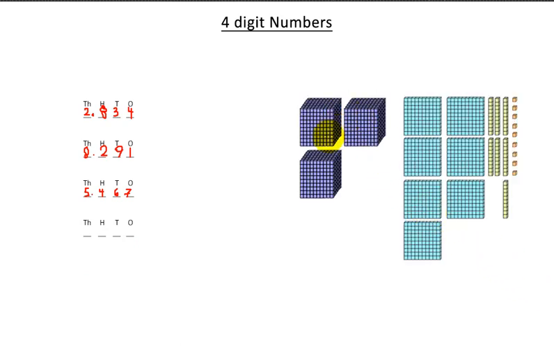Last one up, we got 3,000s, 700s, 1, 2, 3, 4, 5, 6, 7 tens, and 1, 2, 3, 4, 5, 6, 7, 8, 9 ones.